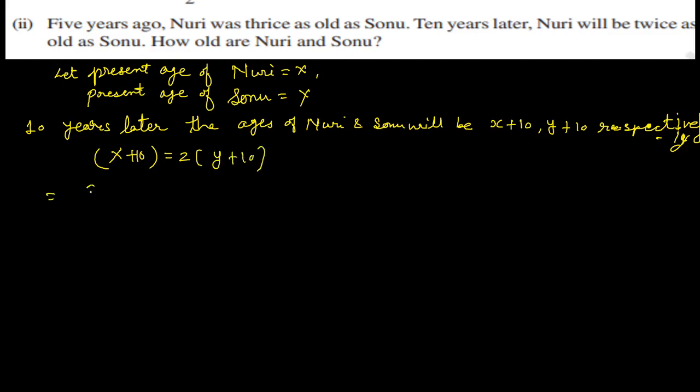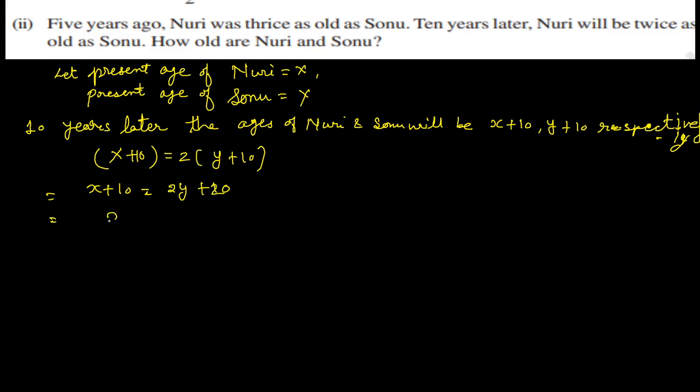Now here x plus 10 is equal to 2 into y plus 10, that is 2y plus 20.